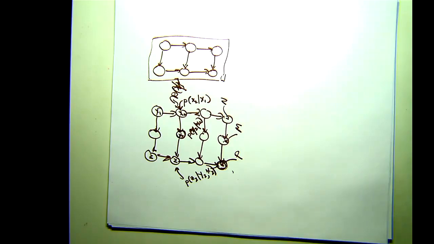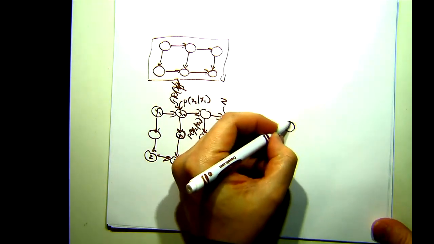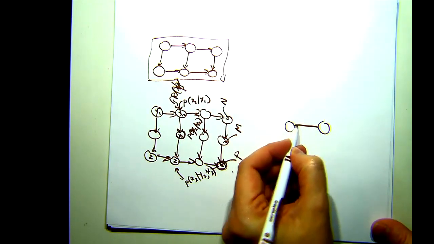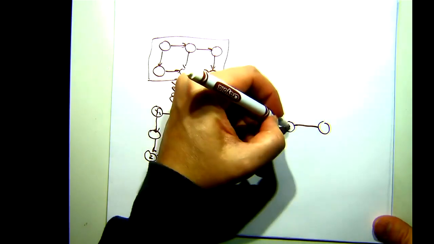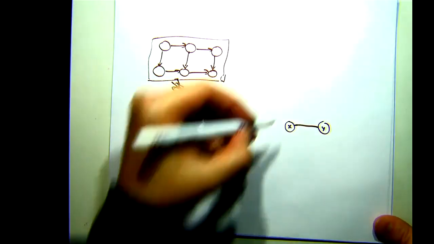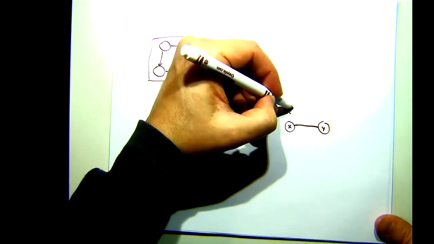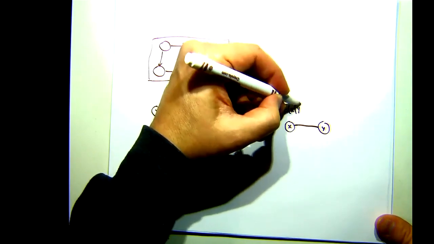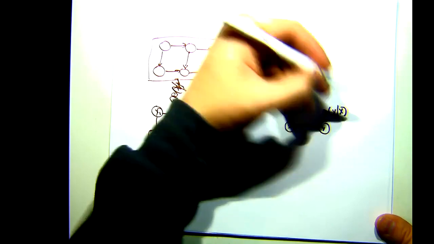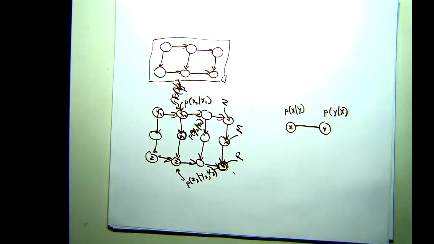Let me give you a really quick example of something where we can't do that. So here is a non-directed graph. We're going to have two states, x and y. And what this means is that p of x depends on y, and p of y depends on x. Notice how there's a cycle there. X is depending on y is depending on x. There's no place to start.